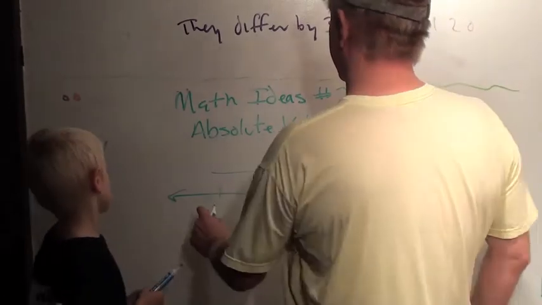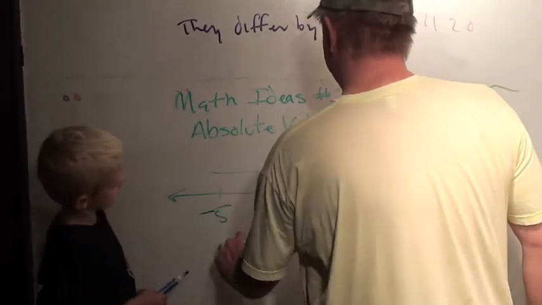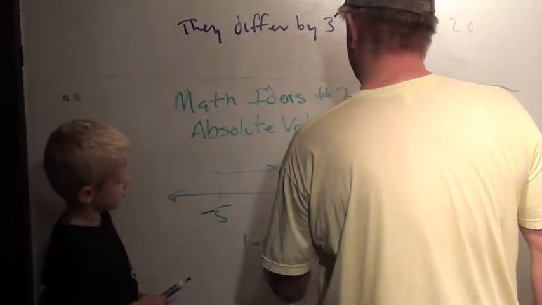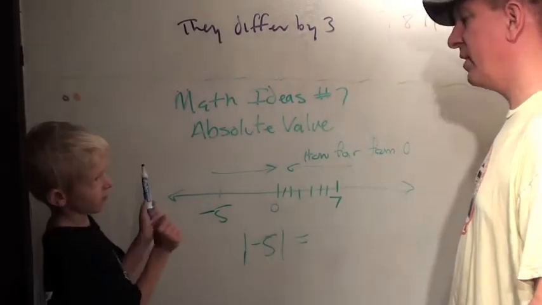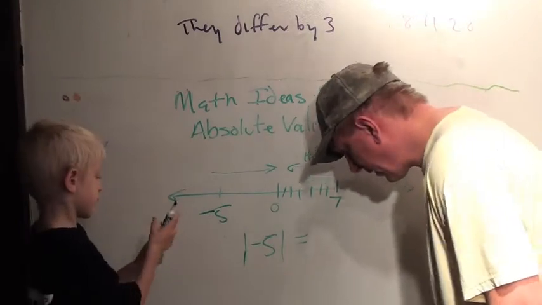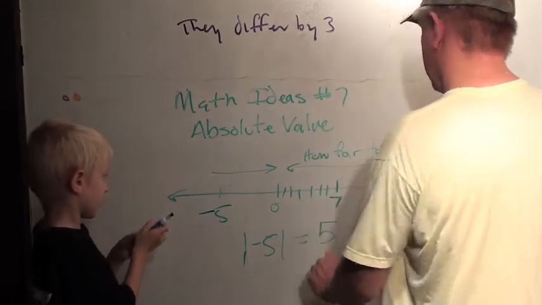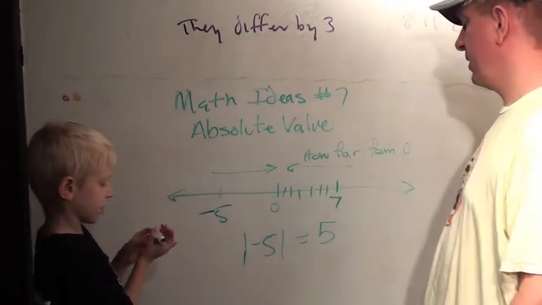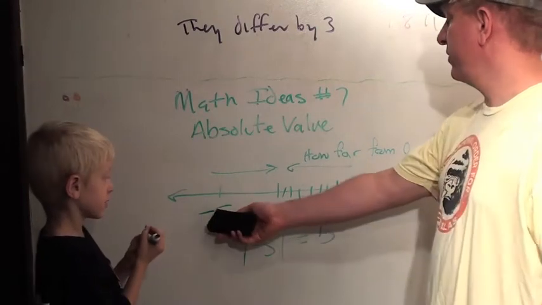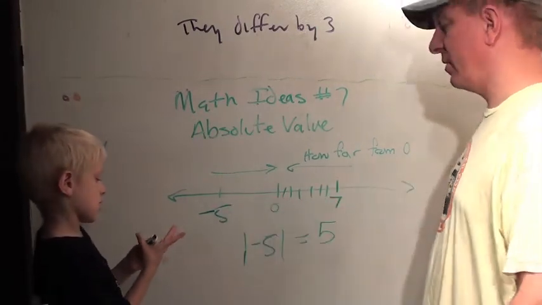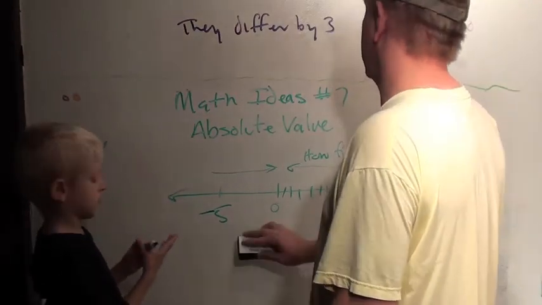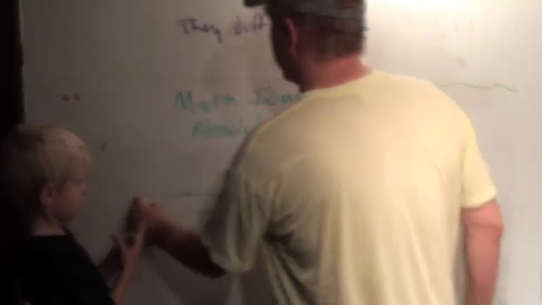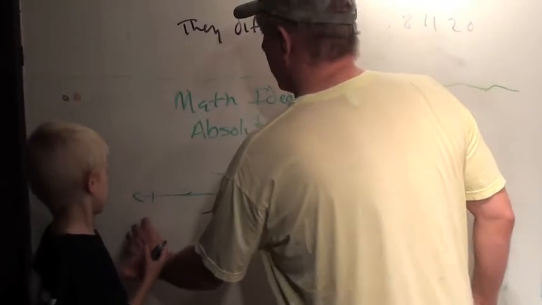So what do you think the absolute value of minus 5 is? 5. And why is the absolute value of minus 5 5? Because you have to go 5 to get to 0. Okay, you have to go 5 units to get to 0. What about the absolute value of somewhere way over here, like minus 1,000?